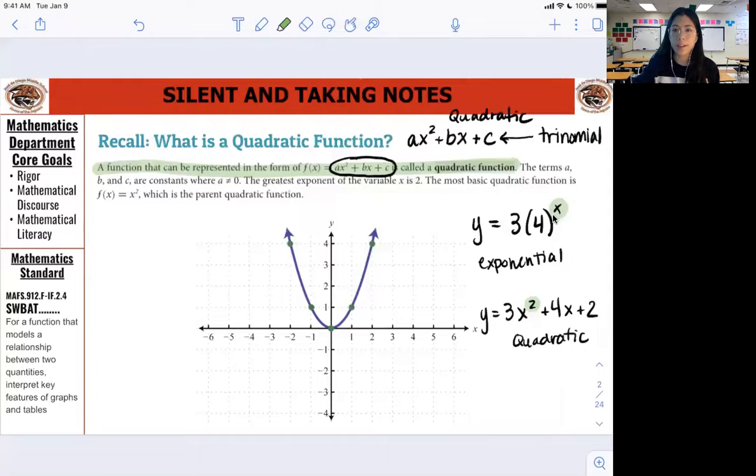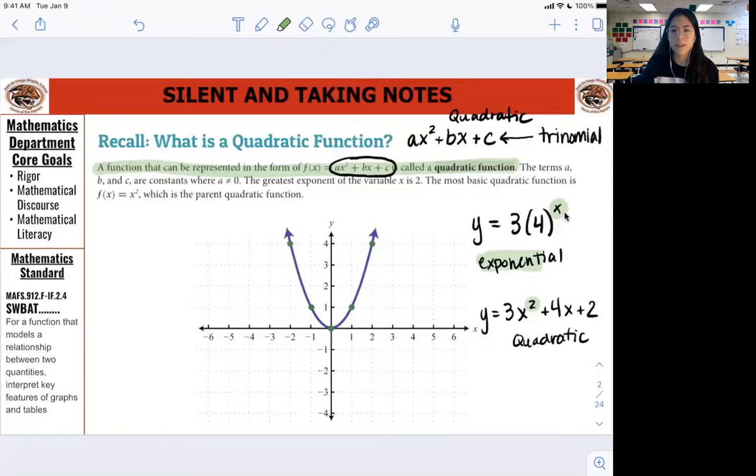If the exponent is the letter x or the letter t, that's an exponential function. Because if you think about it, the name exponential has the word exponent in it. So that's one way to remember. Exponential functions have an exponent of x.